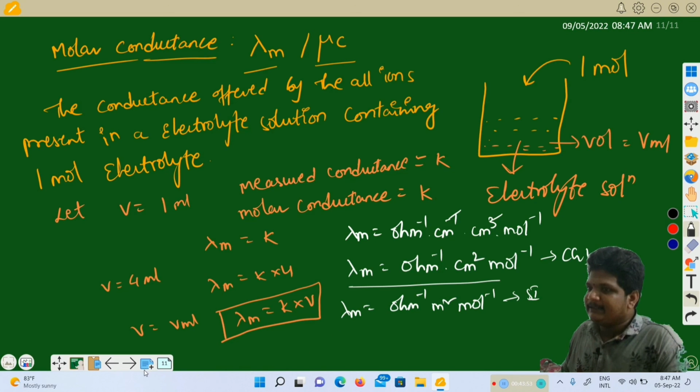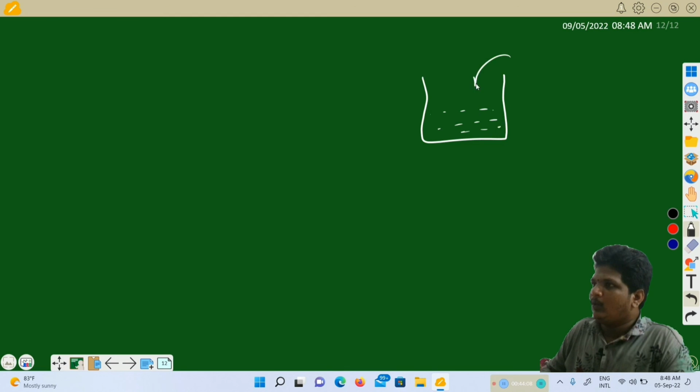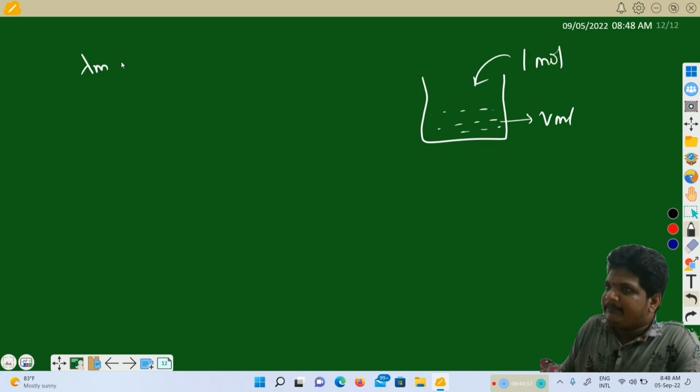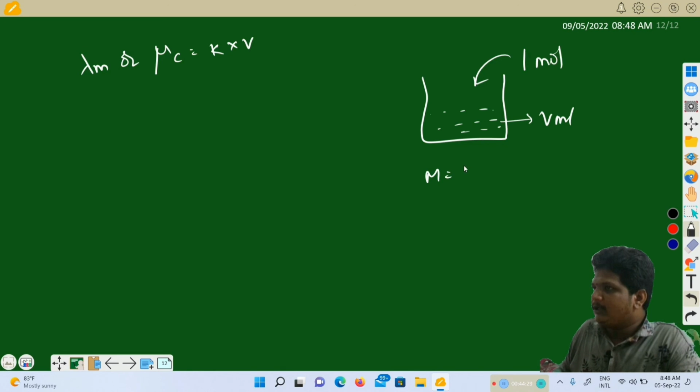Now let us see the relationship between molar conductance and concentration. Again I am assuming an electrolyte solution containing 1 mole electrolyte, with volume V mL. We know that lambda m or mu c is equal to kappa into volume. Let us derive the expression for volume. Molarity is equal to weight by gram molecular weight into 1000 by volume.